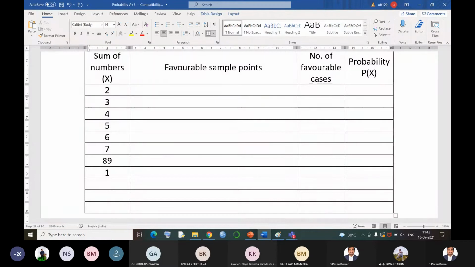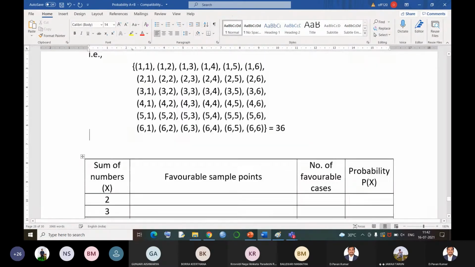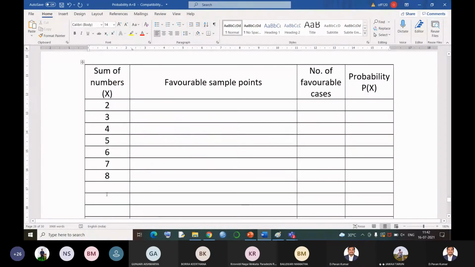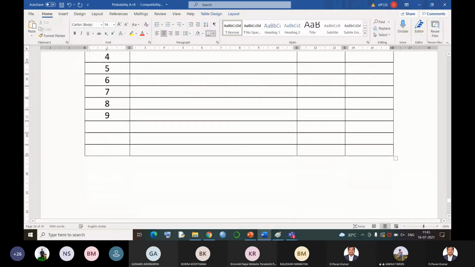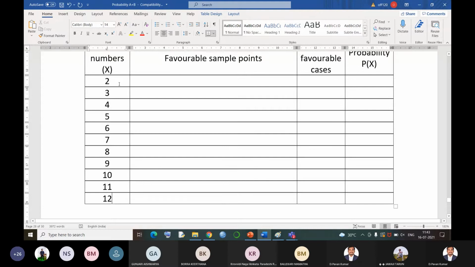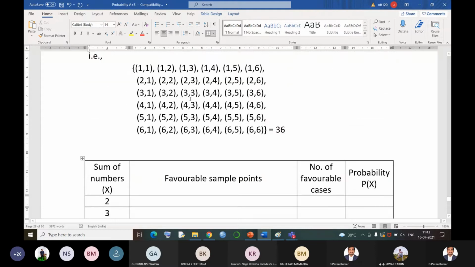9, 10, 11, and 12. So let us see how the sum of 2 can come out of these exhaustive cases. For the first one, we have only one combination, which is 1,1.